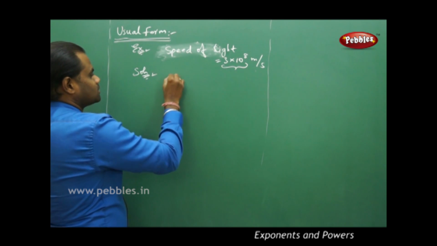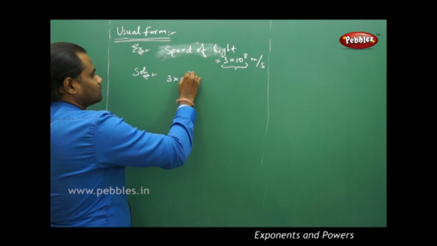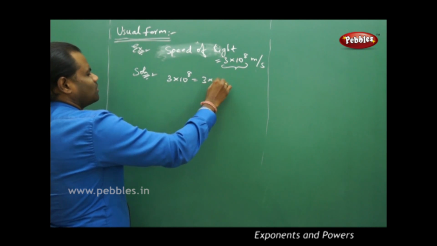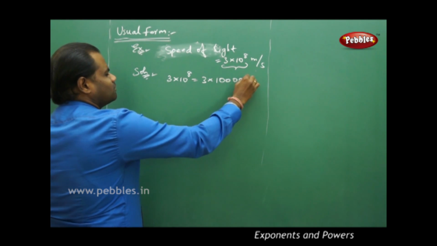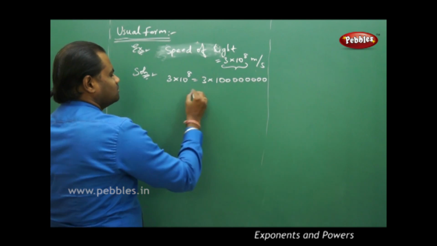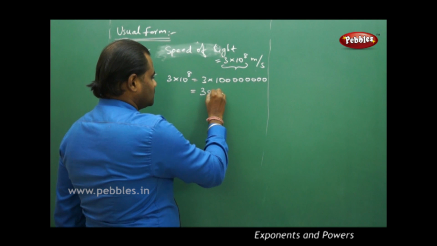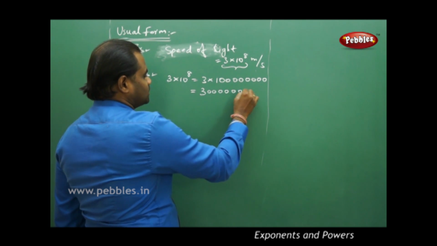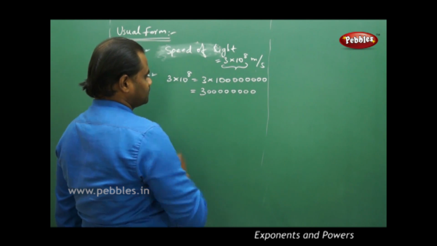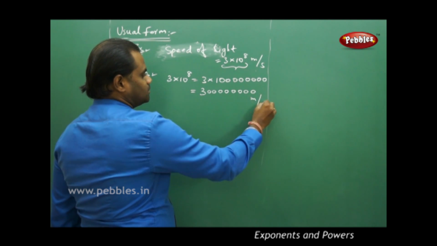So taking the given standard form, I can write this as 3 times 10 to the power 8. So when on multiplication, I get the simplified value as 300000000 meters per second.